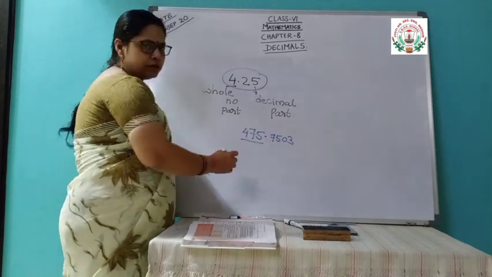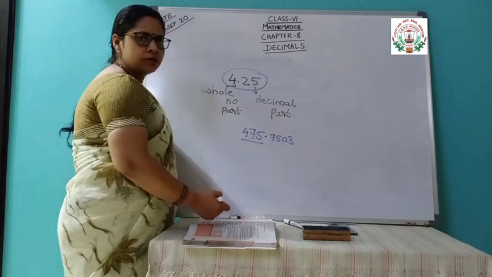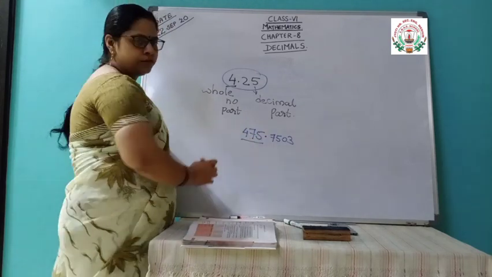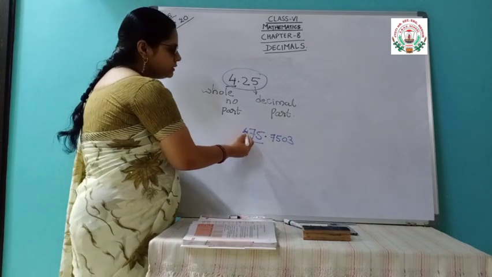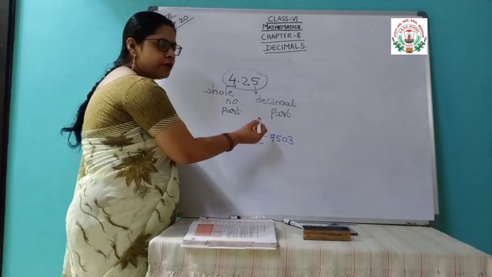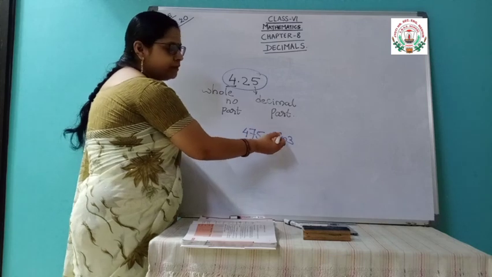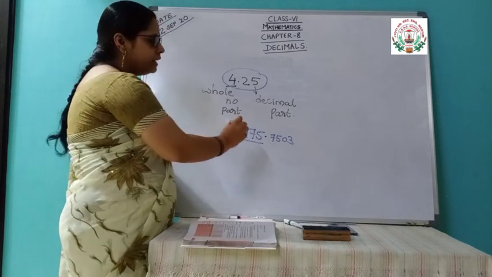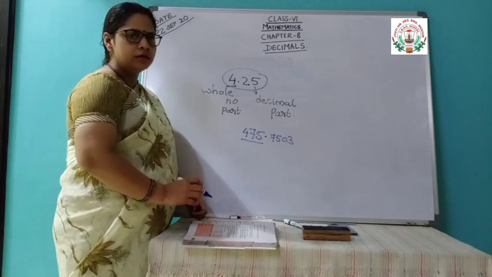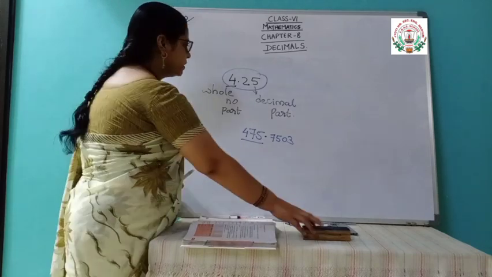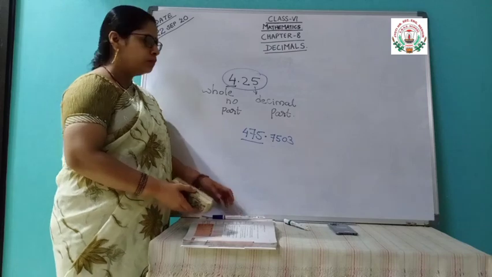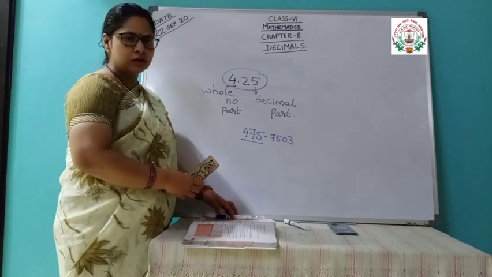After the decimal, you will not read it as 7503. Here you read separate digits: 475 point 7 5 0 3. Individual digits we read. So this is the way we read a decimal number.